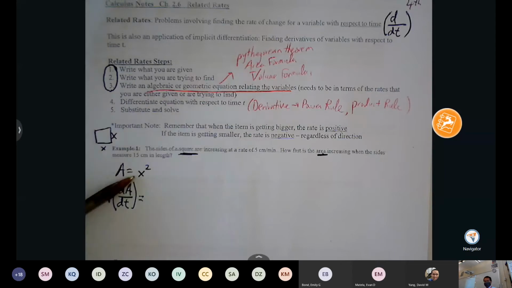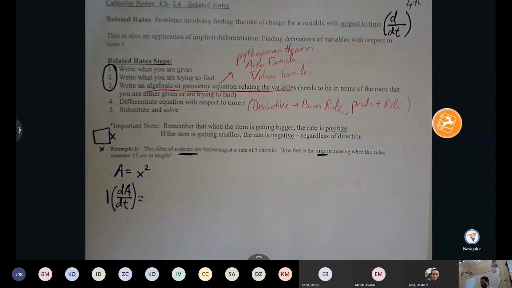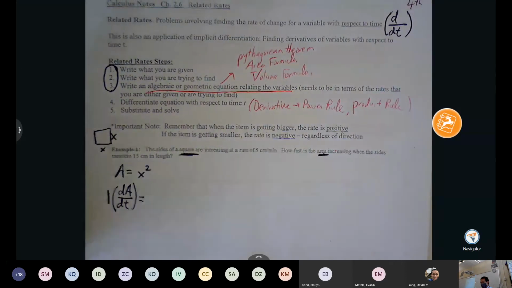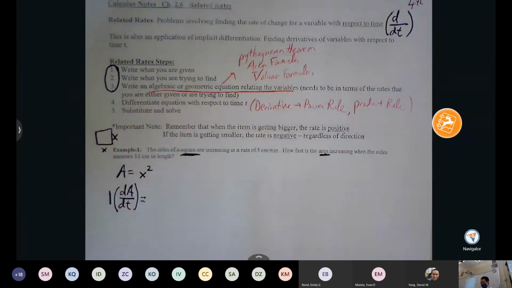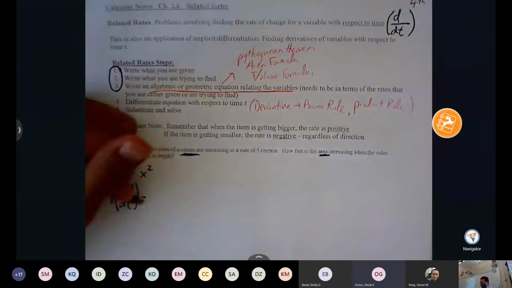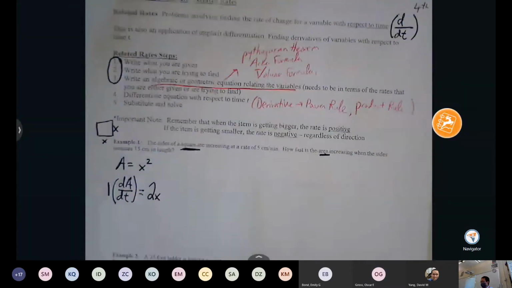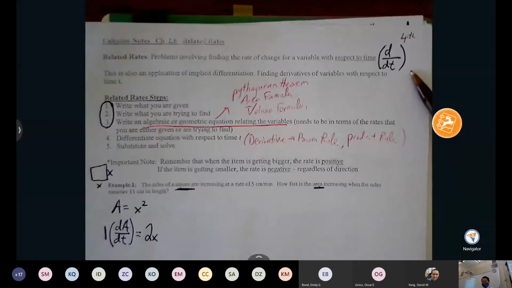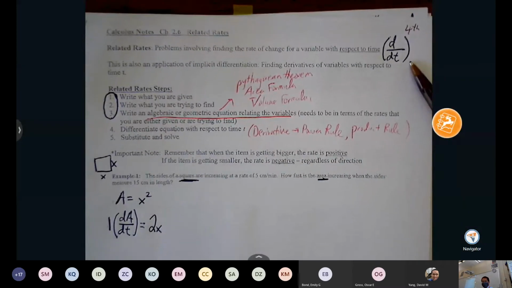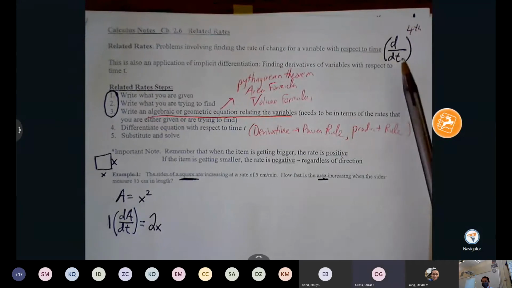Okay, now what about the right side here? What's x squared's derivative? 2x. Okay, 2x, but we also need to attach its own differential because time is impacting it. So we say what? dx dt.